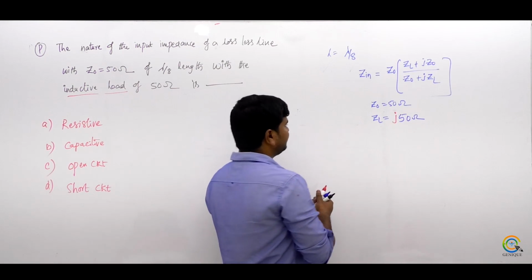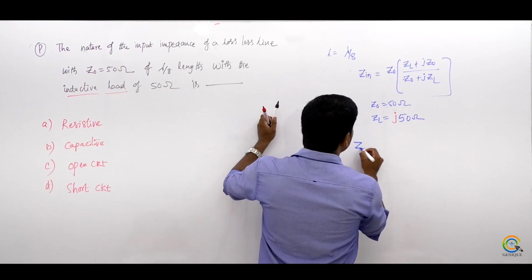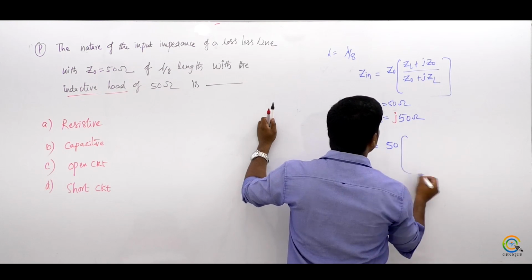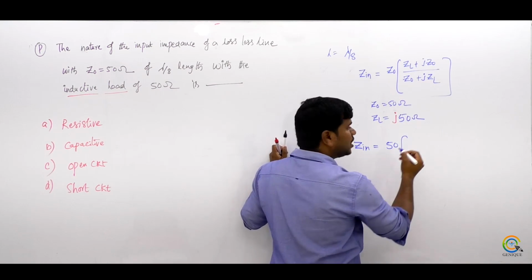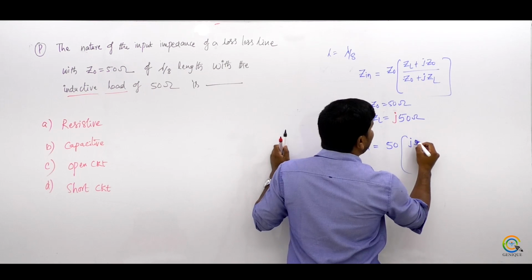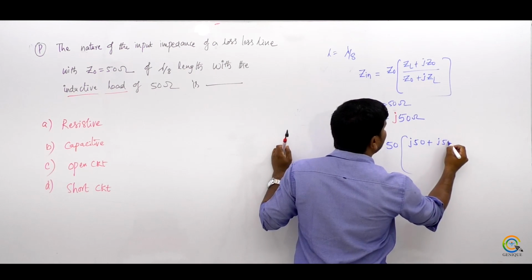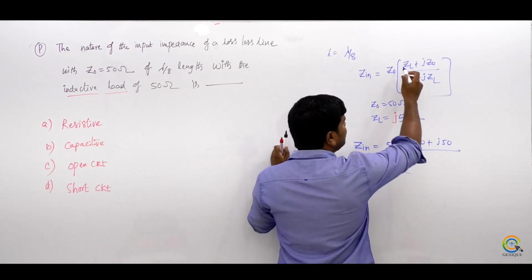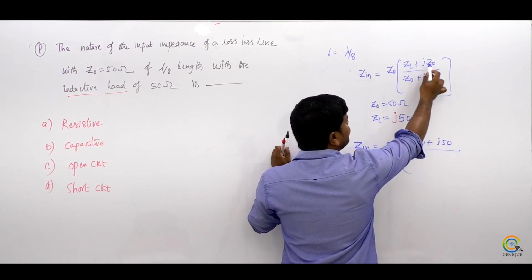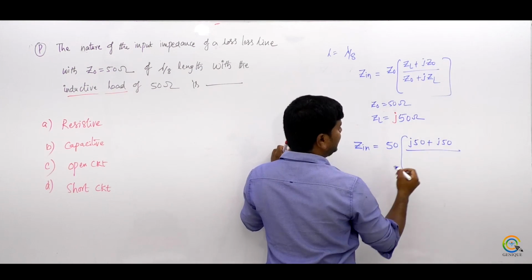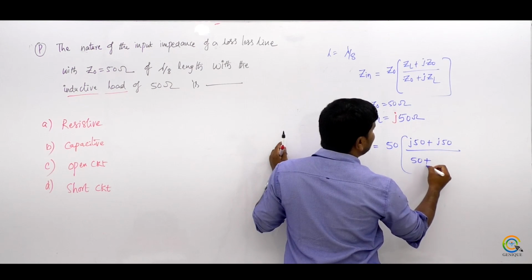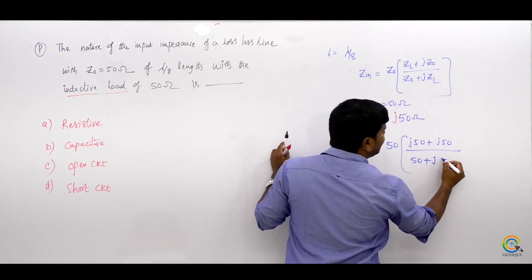So now what is Zin? Zin is equals to Z0, 50, into (ZL plus jZ0), that is j50 plus j into 50, divided by Z0 is 50 plus j into ZL, which is j50.